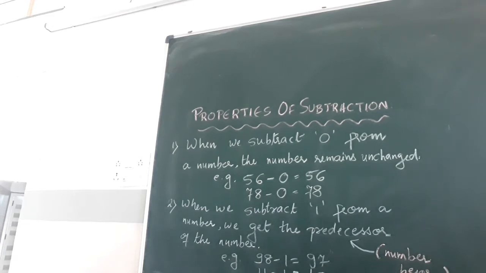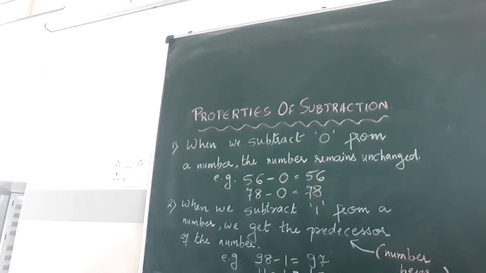How will you read it? 1 is subtracted from 98 and the answer is 97. You may also think, what is the predecessor of 98? Then 97. Or you may think, which number comes just before 98? Then it is 97.